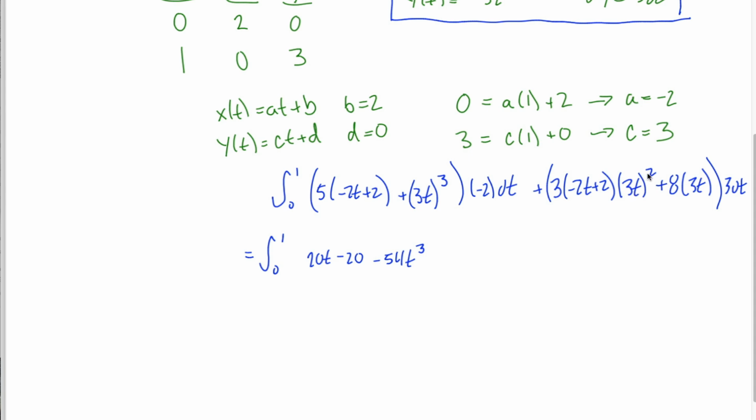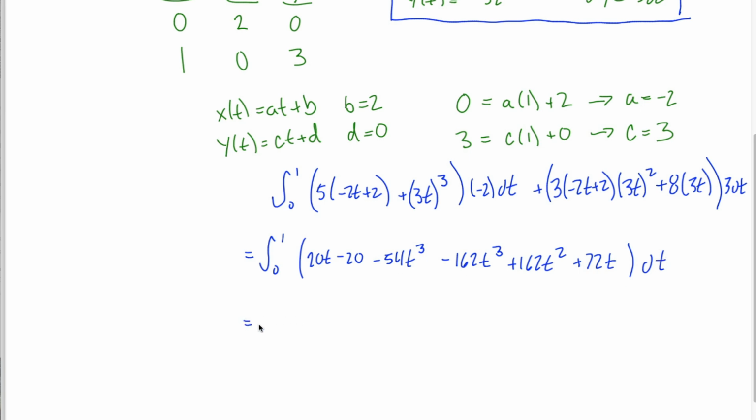Well, (3t) squared is 9t squared, and that 9t squared times this 3 and this 3 gives me 81t squared, and 81t squared times (negative 2t plus 2) gives me negative 162t cubed, I think, plus 162t squared. It's kind of the limit of my mental math. Coming over to the second term, this 3 times this 3 gives me 9t, times 8 gives me 72t. And I'll factor out a dt, putting that at the end.